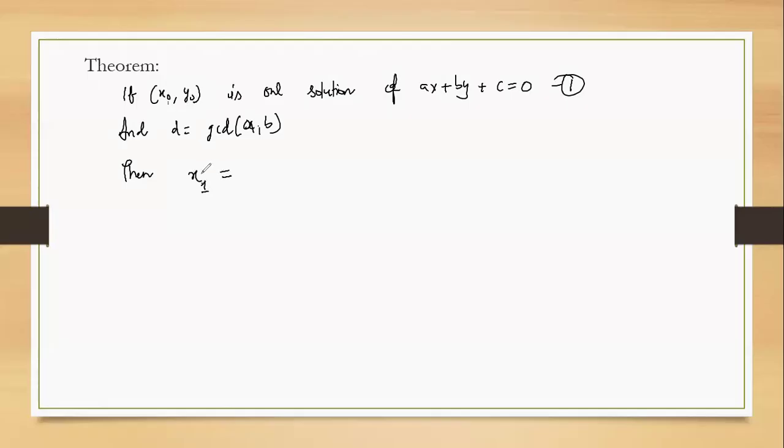So other solutions are dependent upon the previous solution. So I can write x1 = x0 + (b/d)t, and y1 = y0 - (a/d)t, and t gives the general solution.